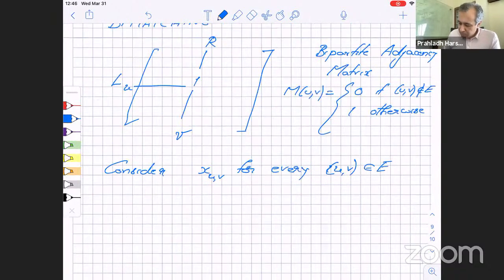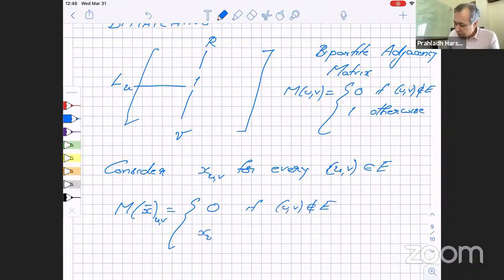Let's look at the matrix M x bar, defined as follows. Its uvth entry is 0 if uv is not an edge. If uv is an edge, I'm just going to put the variable xuv there. So it's almost the same as the matrix that I drew here, except the ones get replaced by a different formal variable xuv at every location. Is the definition of the matrix clear?